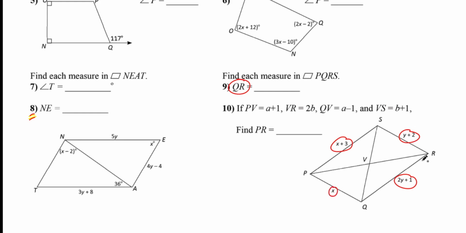You'd set them equal, solve for y. And then you plug it back in to find out what you need to solve for. Everybody understand that? All right, so it's easier than what you're looking at right now on the test. So you set those equal to each other, solve for x, and then you set these equal to each other, solve for y, and then you can plug it back in and find whatever they ask you to solve for. Okay?